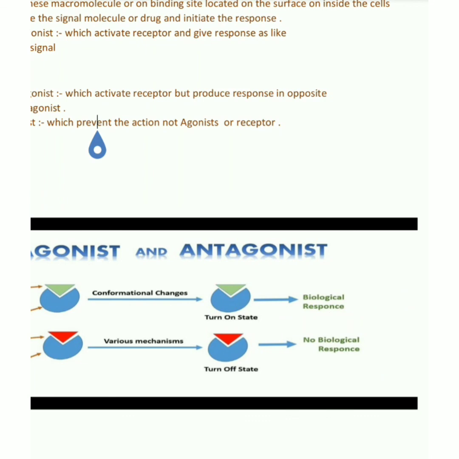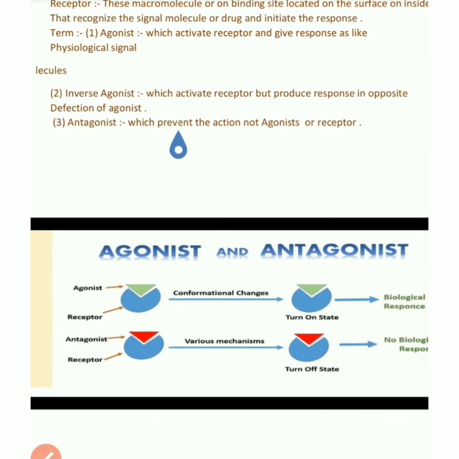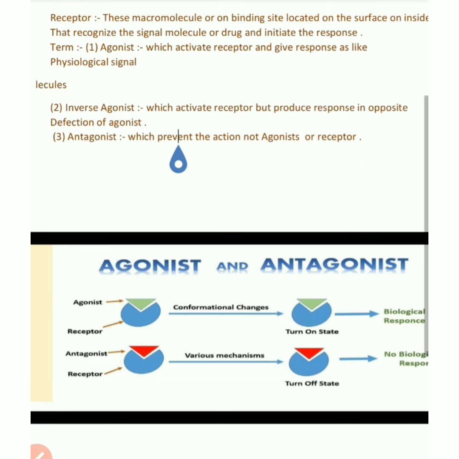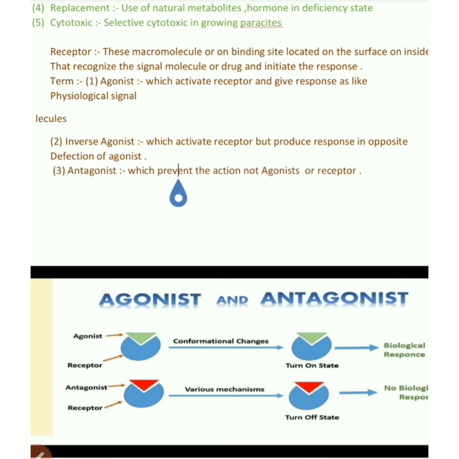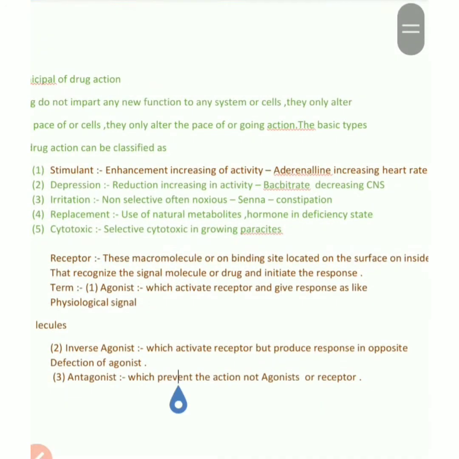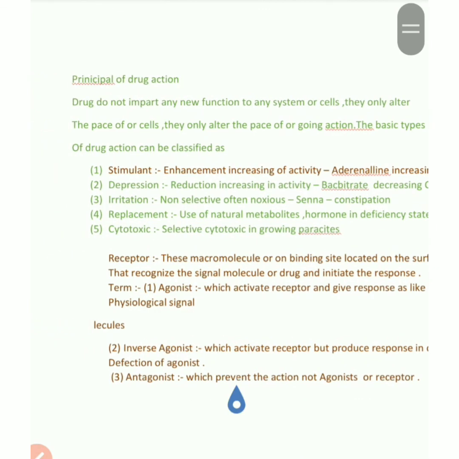So friends, we can easily define what is an agonist and what is an antagonist. An agonist follows biological signals, while an antagonist never follows biological signals. This is the main point and main topic of the principle of drug actions.